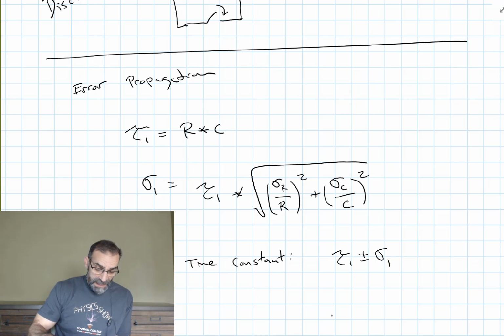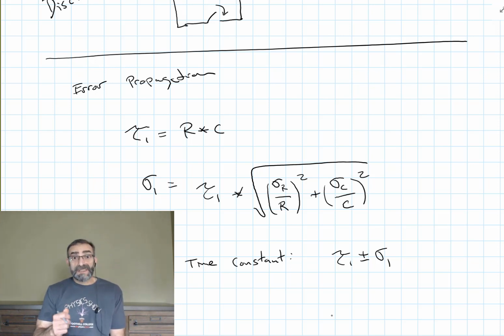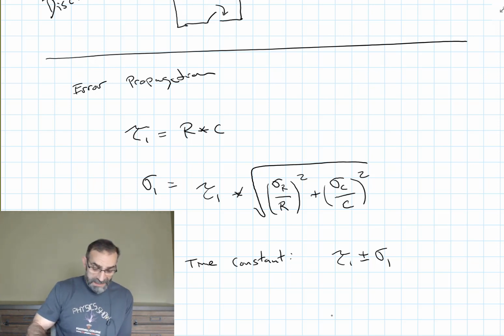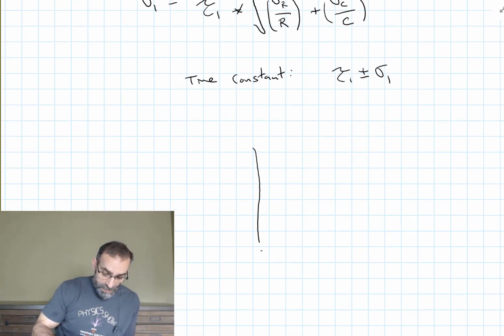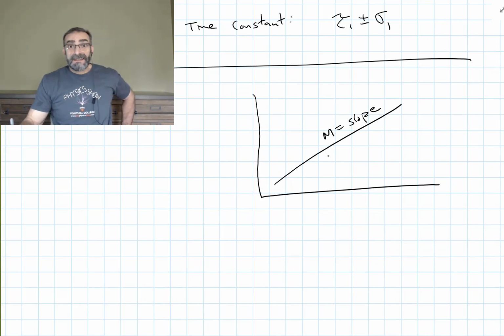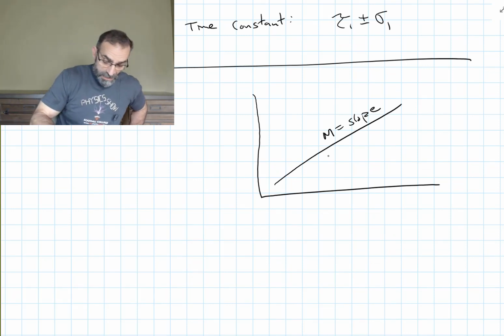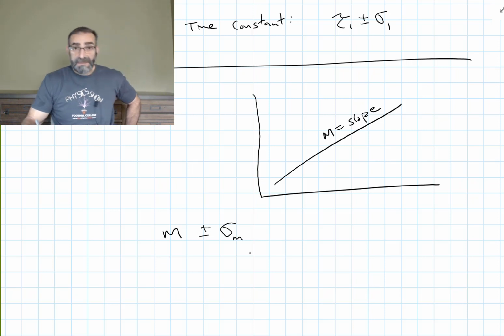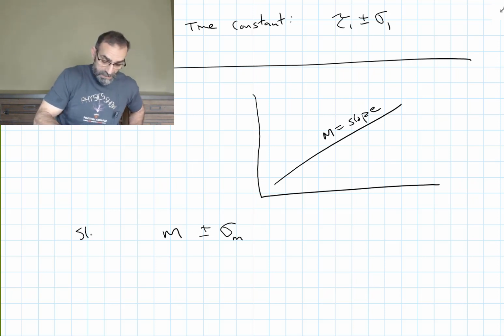And then the other thing is for LINEST, right? So what does LINEST tell us? The error in the slope. So we have a value here for the slope, m, and we have the error in the slope, right? We have m plus or minus some error. This is our slope.